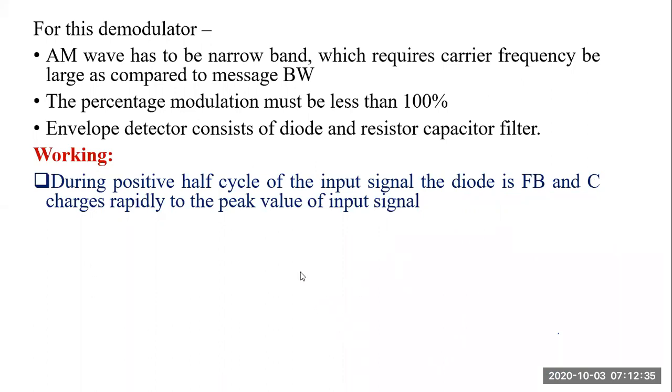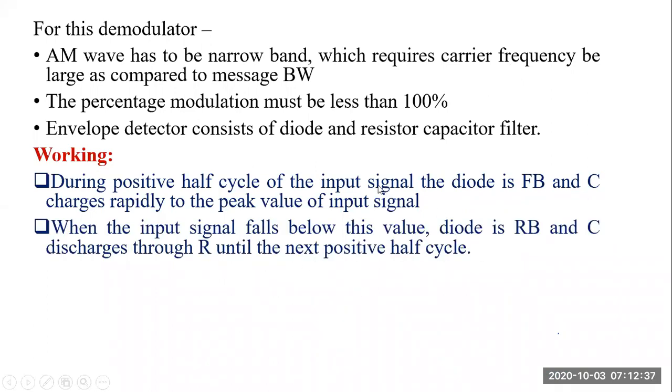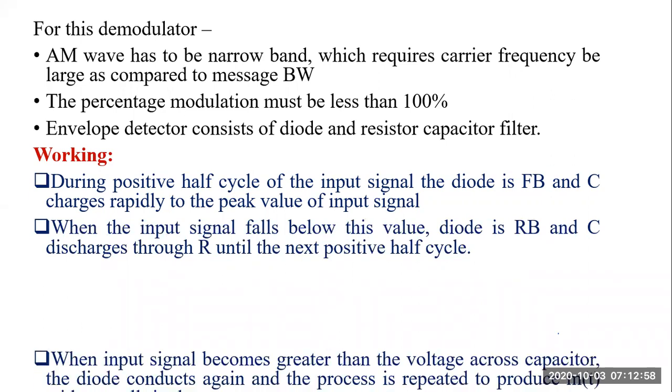So during the positive half cycle of the input signal, the diode is forward biased. The capacitor charges rapidly to the peak value of the input. When the input signal falls below this value, the diode will be reverse biased and the capacitor discharges through the resistance until it encounters the next positive half cycle of the input.